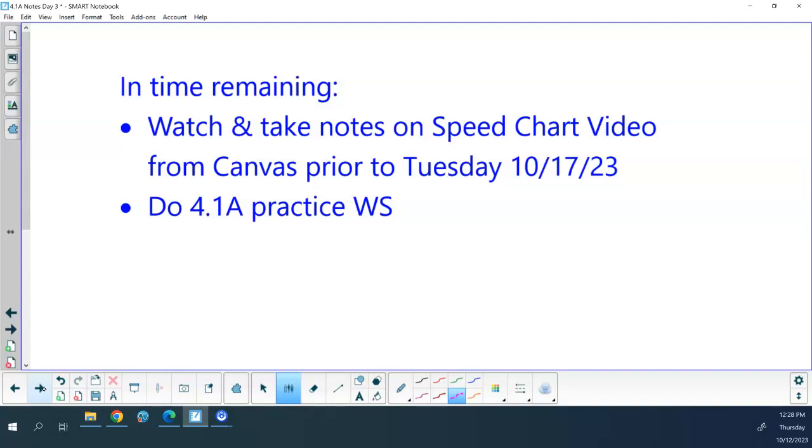You'll have a quest on 4.1, probably, maybe. I don't think we are ready for it yet on the 24th, but it might be the first week of November.